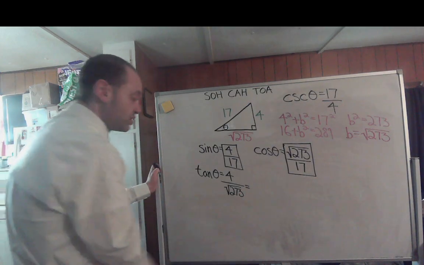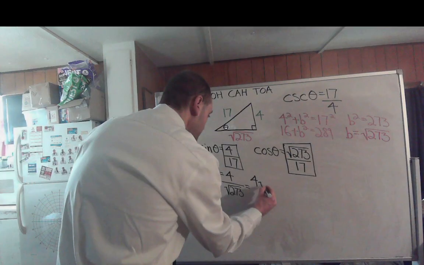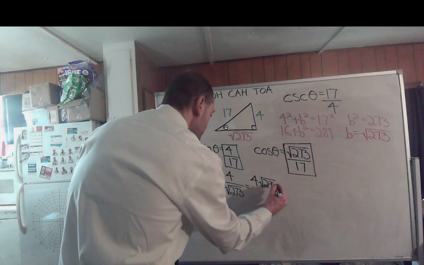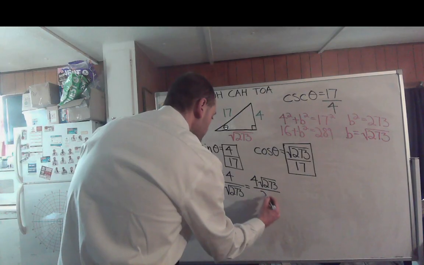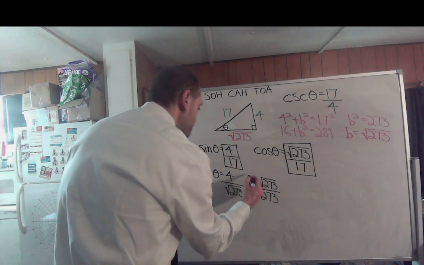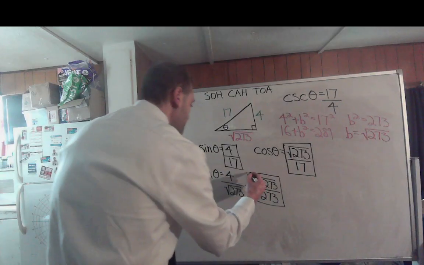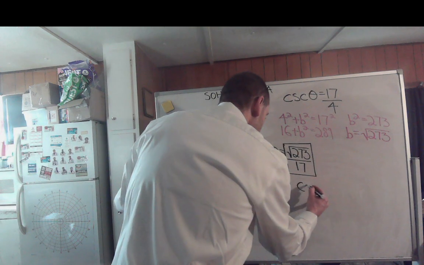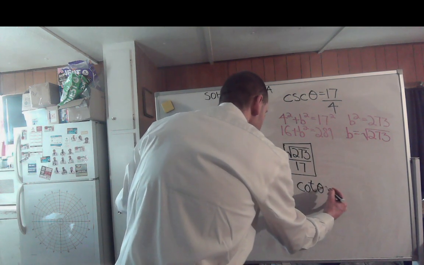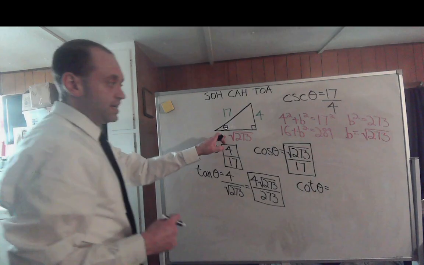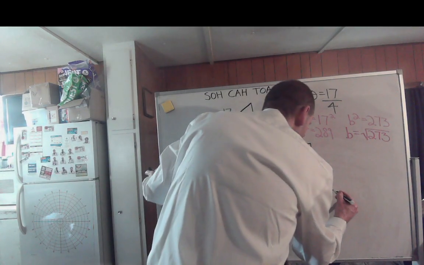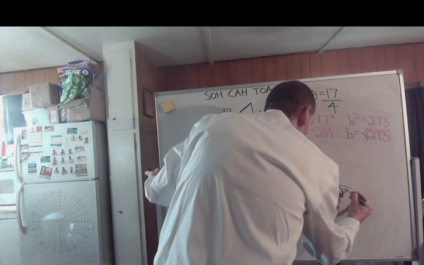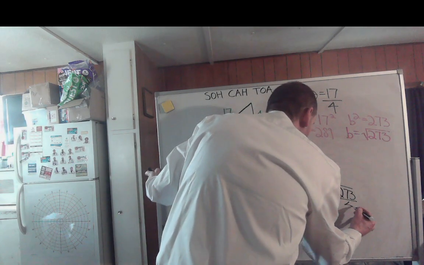But if you rationalize that, you'll end up getting 4 times the square root of 273 all over 273. So yes, not a very pretty number. Let's go for the cotangent of theta. So the cotangent, that's just your adjacent leg over the opposite, so that would just give you the square root of 273 divided by 4.